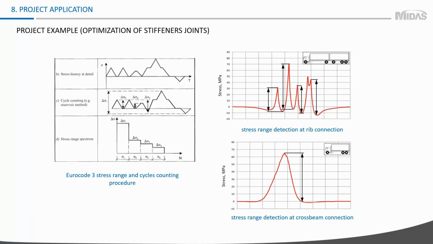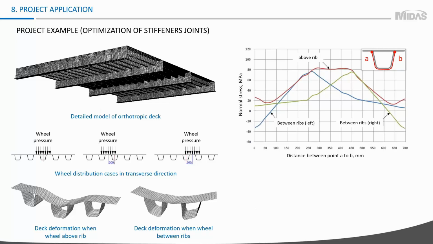Then Eurocode 3 gives recommendations on stress range and cycle counting. That was done for the stress diagrams at 3 cross-beam connections. Afterwards, a detailed model was considered with different wheel actions above the rib and between the ribs, and it was investigated how stresses are distributed in a rib and a deck plate.